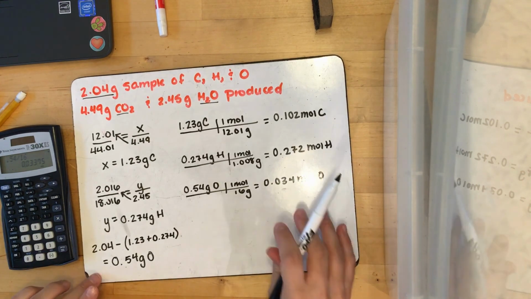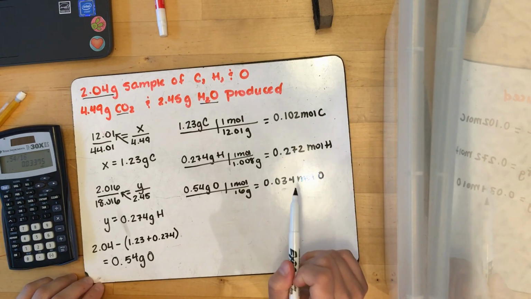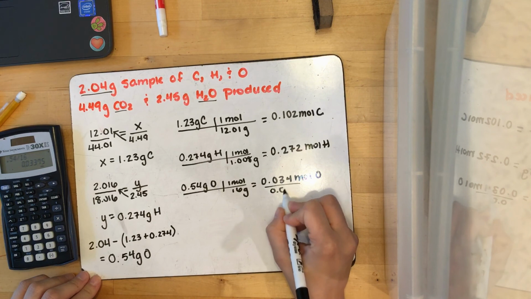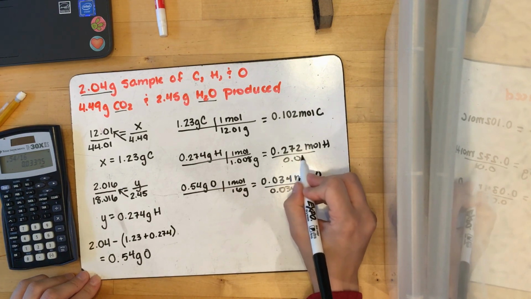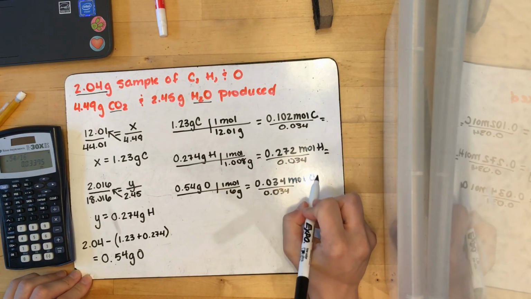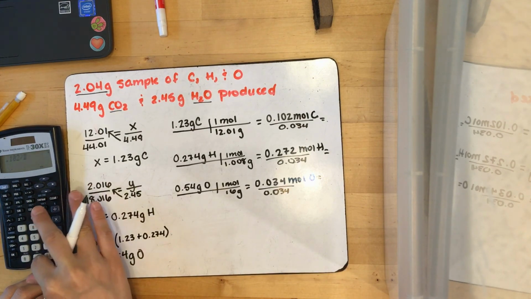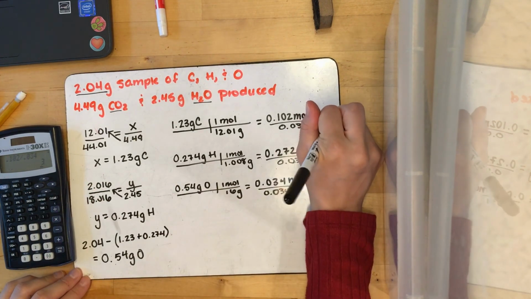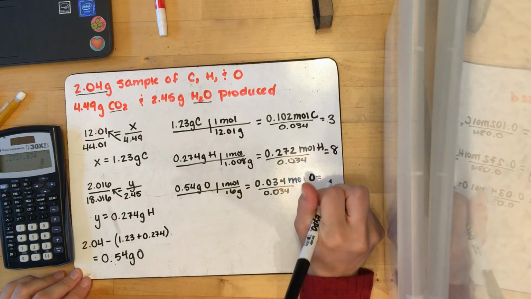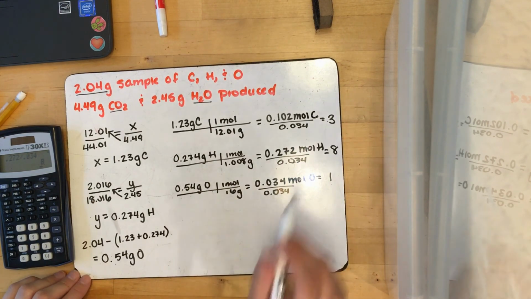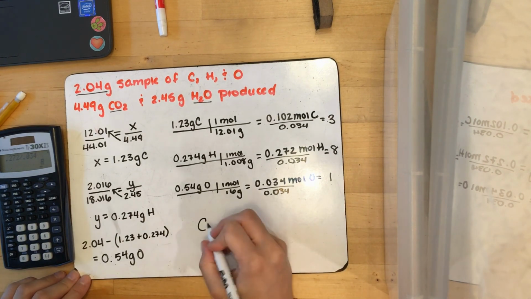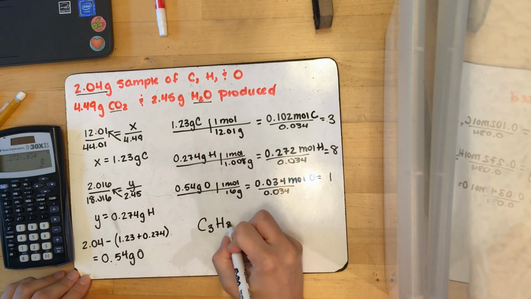All right, so once we've done that, we look at which one has the least amount of moles. In this case, it's the oxygen. 0.034 is the smallest here. So we divide them all by 0.034. And this is where we round to the nearest whole number. And then we can use those answers as our subscripts for our empirical formula. So our formula ends up being C3H8O.